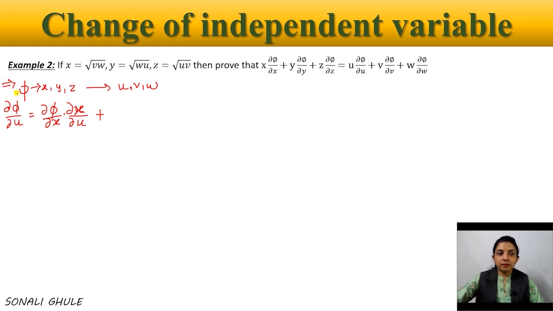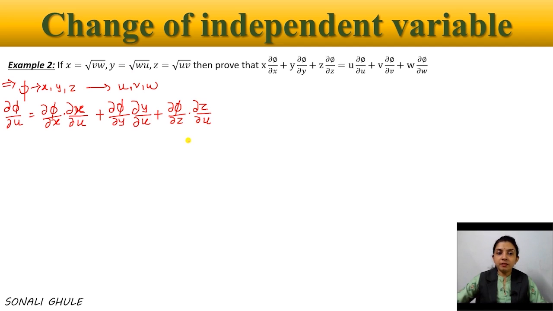Plus the derivative of phi with respect to y. Then the derivative of y with respect to u. Plus the derivative of phi with respect to z, into the derivative of z with respect to u. Okay, this is a chain rule.